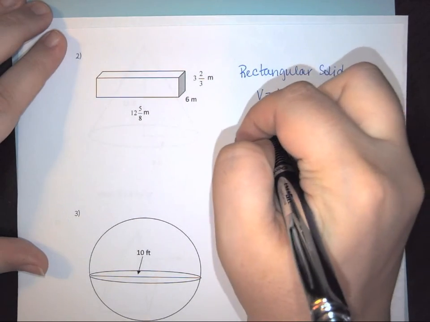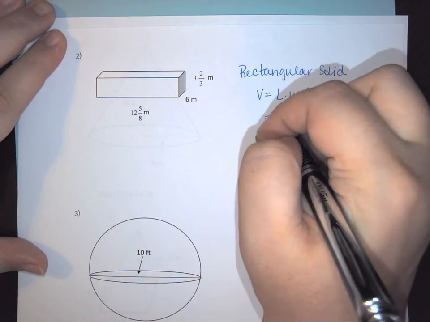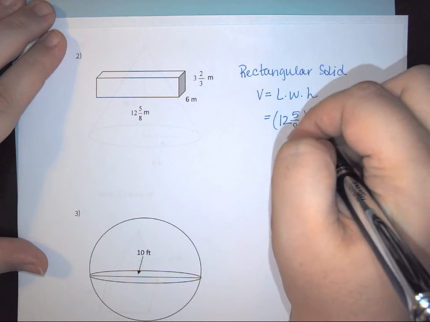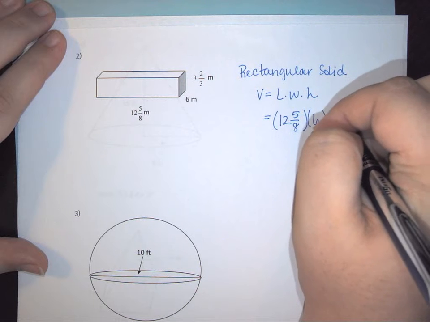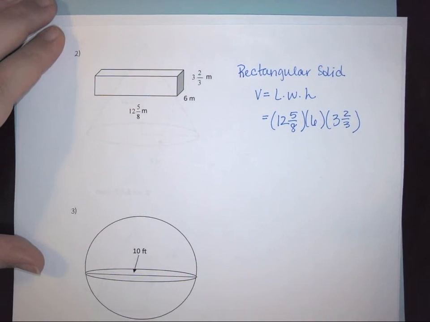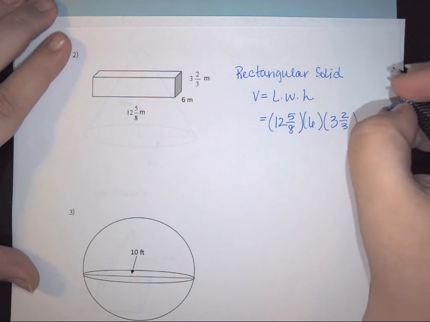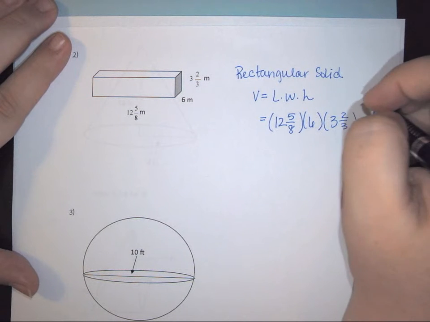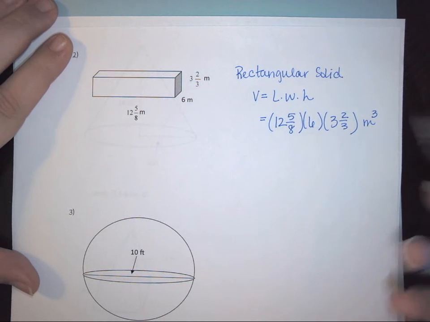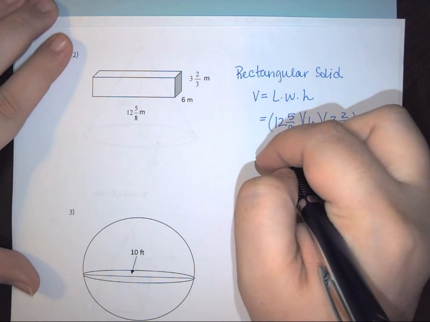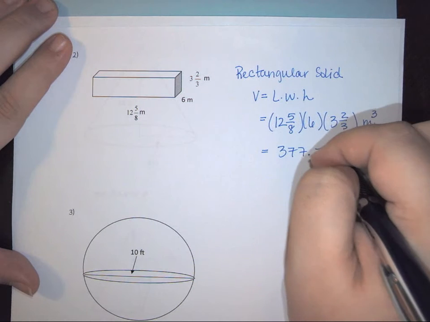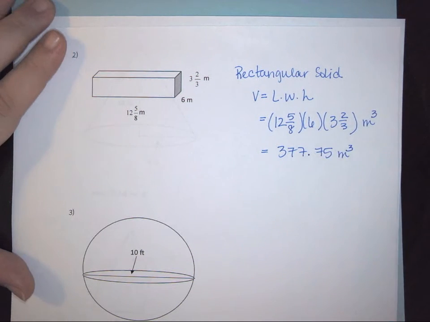So my volume is going to start off by being 12 5/8 times 6 times 3 2/3. So essentially you're going to put all of that into your calculator. And so here we've got meters cubed. Put it all together and you're going to end up with 377.75 meters cubed.